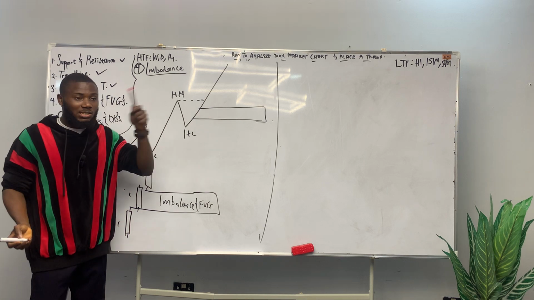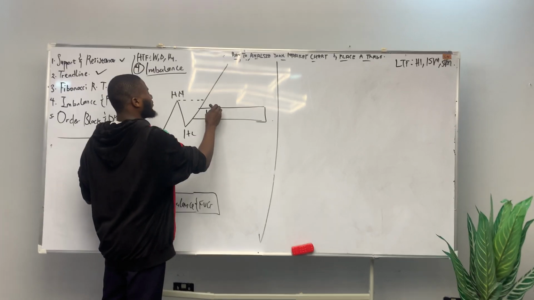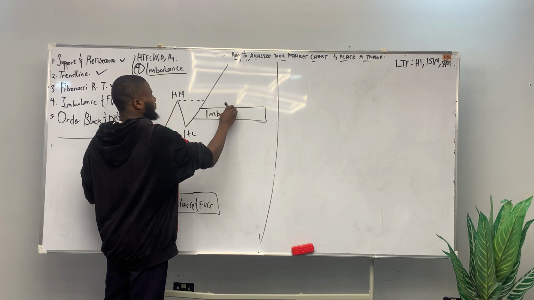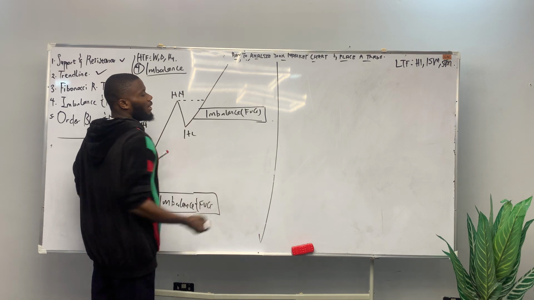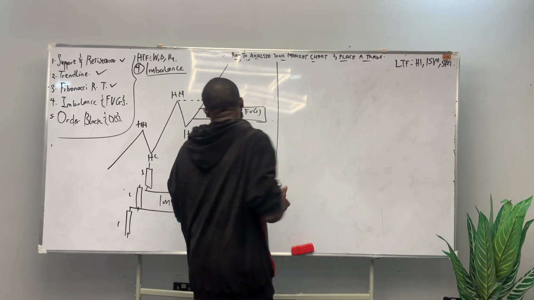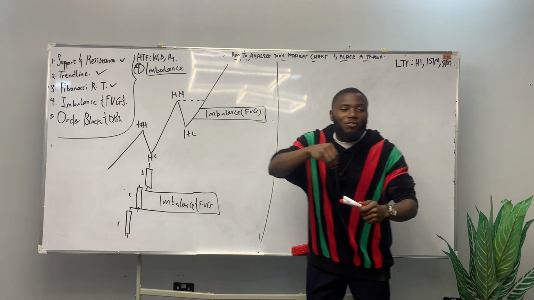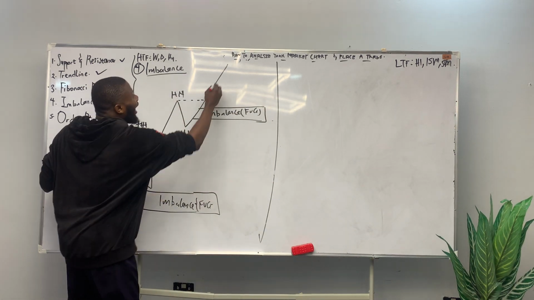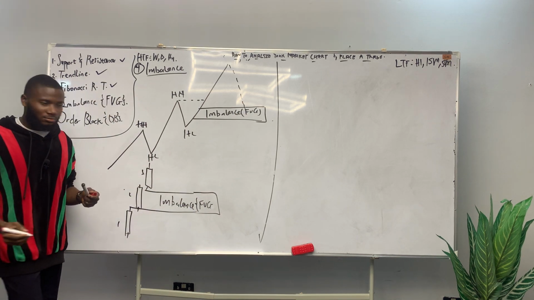Just only at the discount zone. So imbalance, FVG, right? Okay. So once you have marked out the imbalance, you will have to wait for the market to come down to the imbalance zone, right?